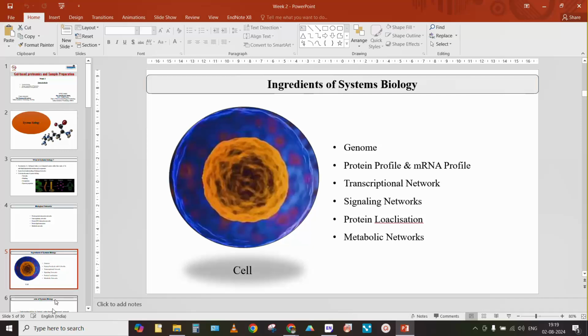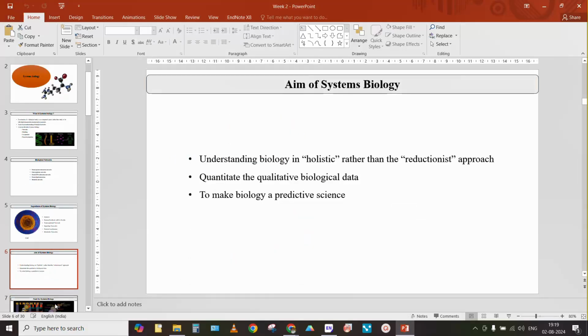Okay. So the next is, what is the aim of systems biology? It is to understand biology in a holistic approach rather than the reductionist approach. So systems biology aims to quantitate the qualitative biological data and provide some level of predictions by applying different types of computational modeling.